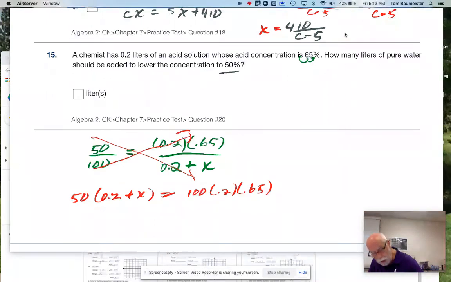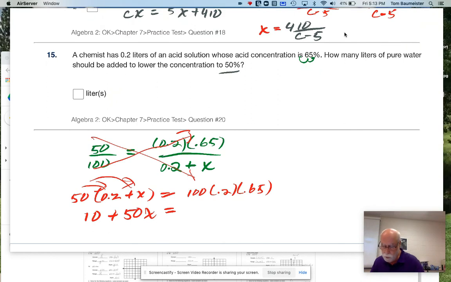That'll give me 50 times 2/10, which is 10, plus 50x is equal to 10 times 0.2 times 0.65, ladies and gentlemen, which will equal 13.